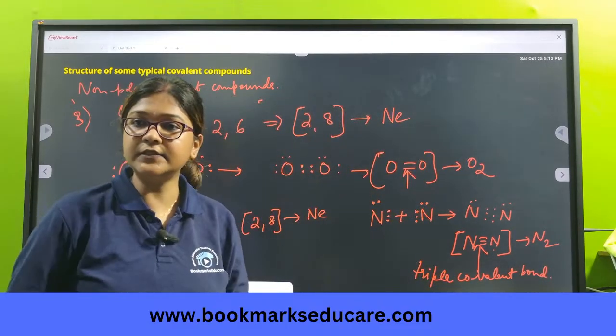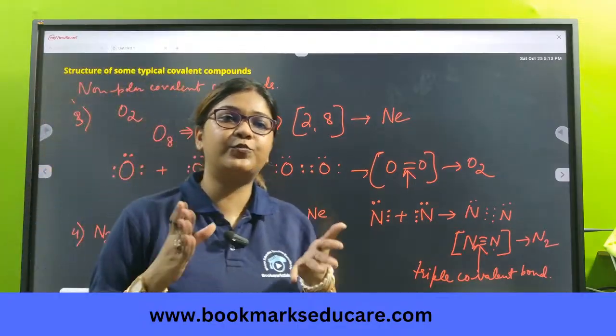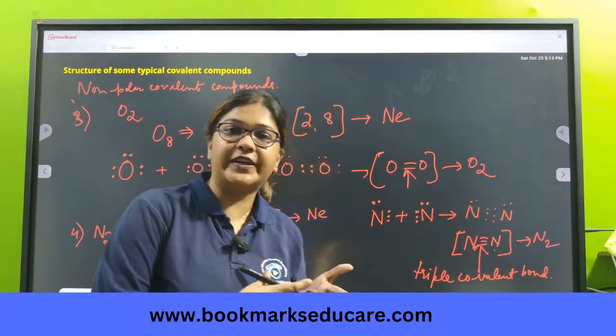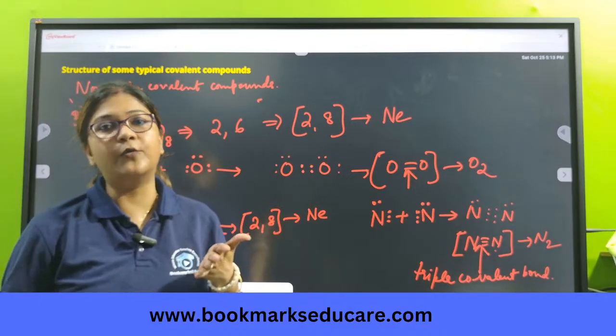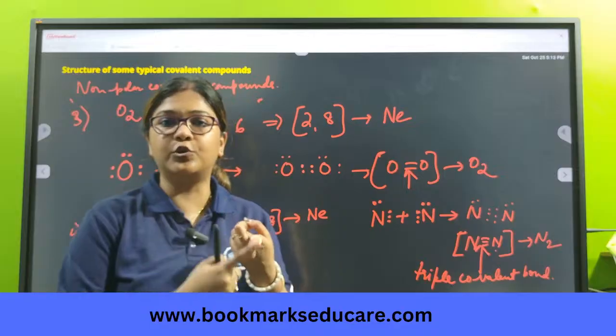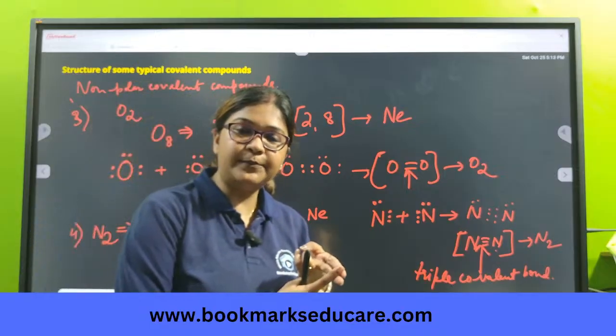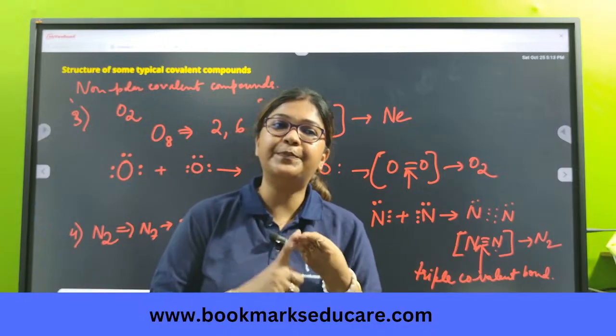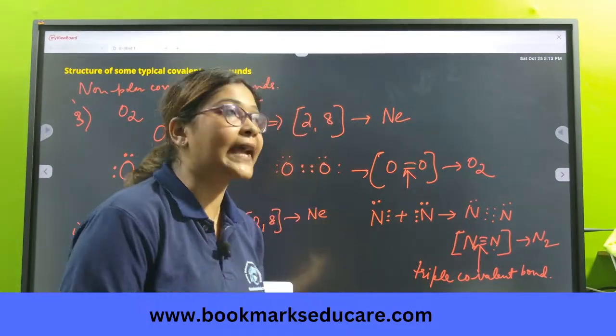Is it clear? So if we are asked to give an example of a covalent compound with one single covalent bond, it will be hydrogen or chlorine. Double covalent bond, it will be oxygen, and triple covalent bond, it will be nitrogen.